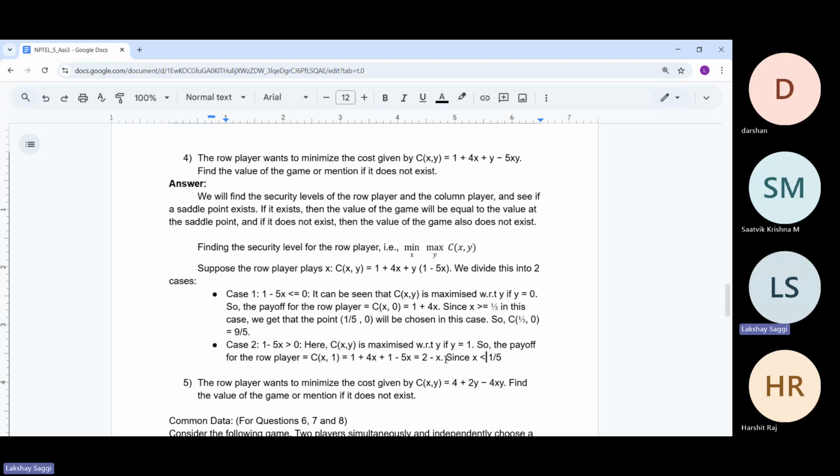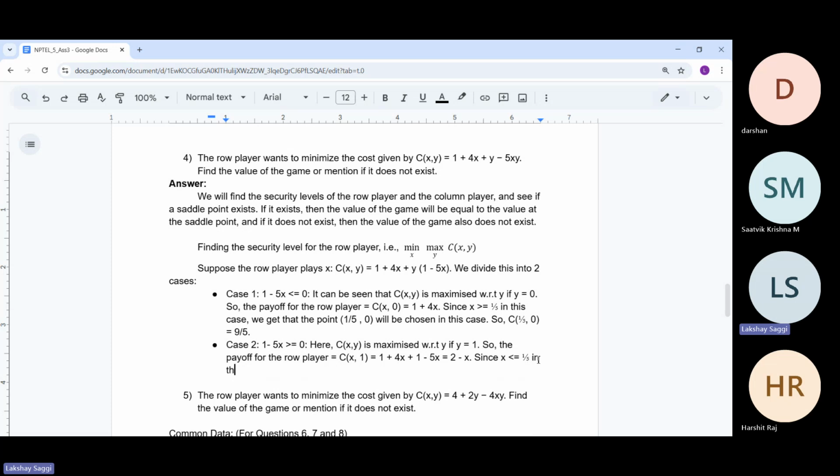Maybe I should just say that x is less than or equal to 1 by 5, because the equal to 0 case will be common in both of these. It won't matter much.